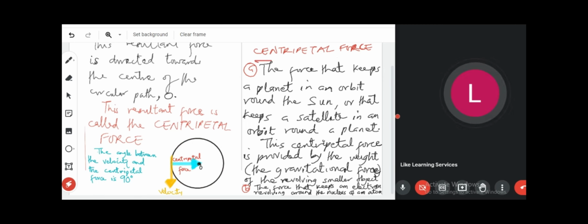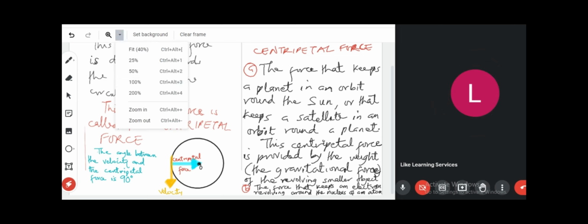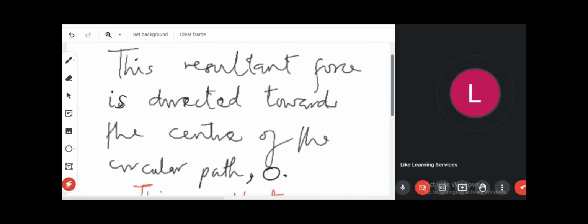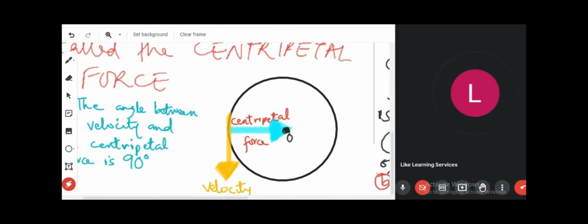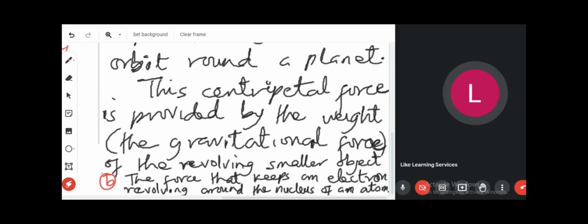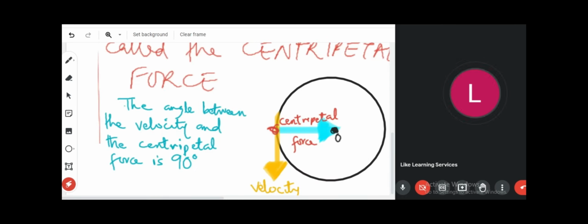Another example where we can find the centripetal force is the force that keeps an electron in an orbit around the nucleus. You know, the electron moves around the nucleus, it revolves around the nucleus of an atom, just like a satellite moves around a planet, or a planet moves around the sun.